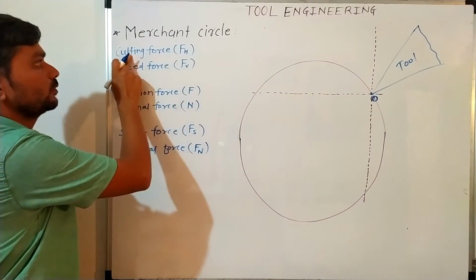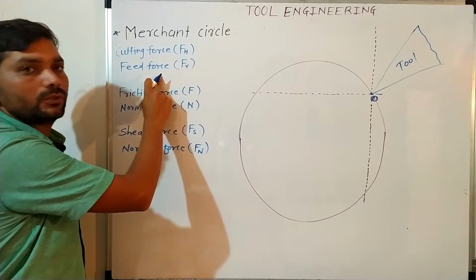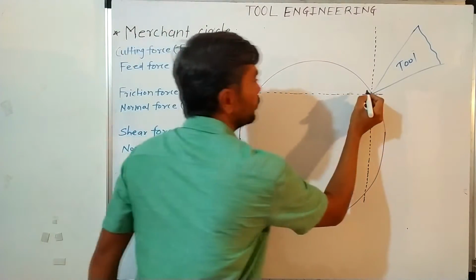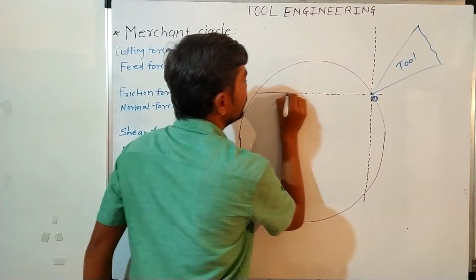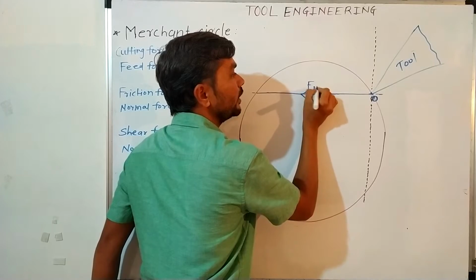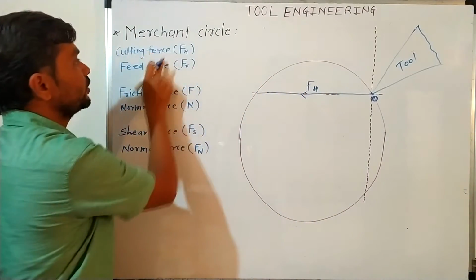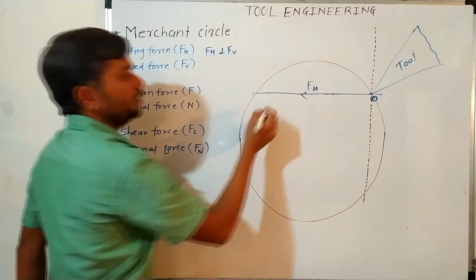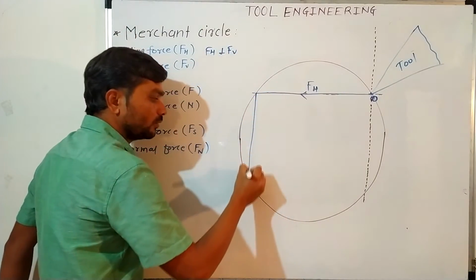So the first set of force is cutting force and feed force. We know that the cutting force is acting in the cutting direction. So from this point we have to draw one horizontal force. This will indicate the FH, and this FH is perpendicular to the FV. So from this point you have to draw one vertical line.